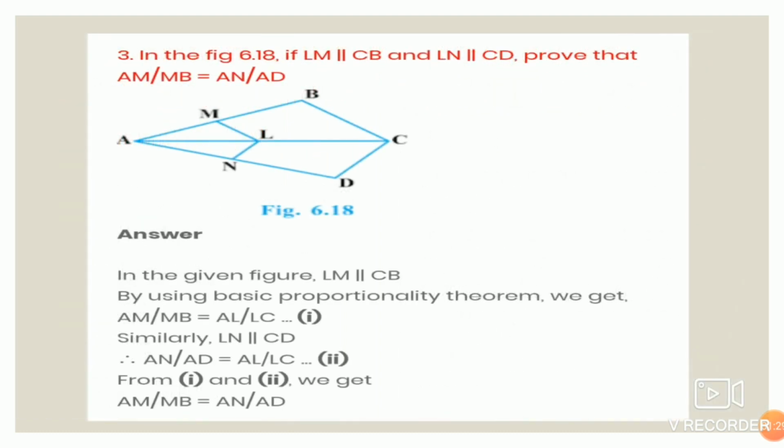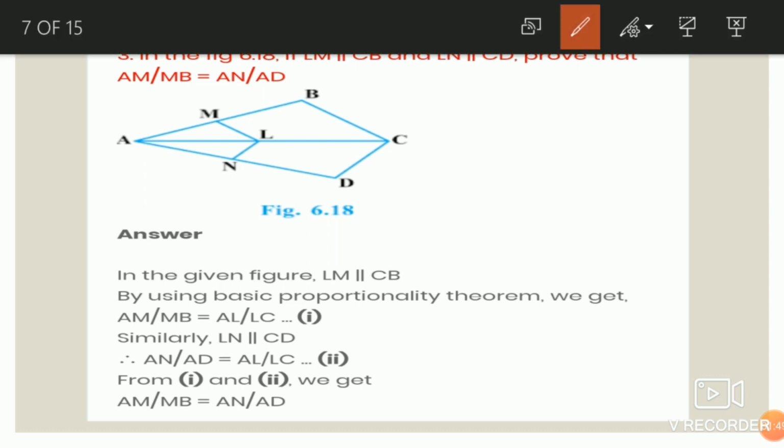In question number 3, if LM is parallel to CB and LN is parallel to CD, prove that AM by AB is equal to AN by AD. So what's given over here is LM, this line, is parallel to CB.